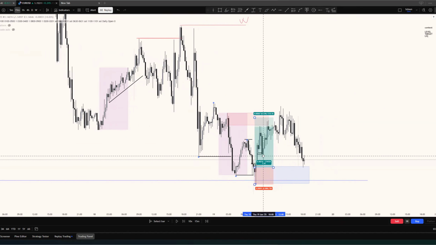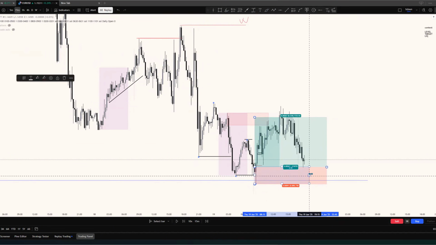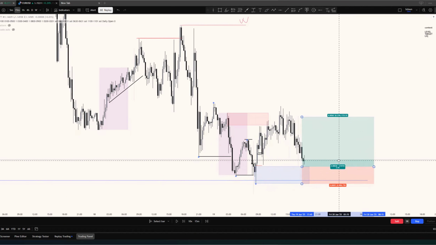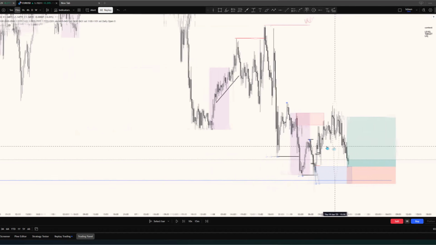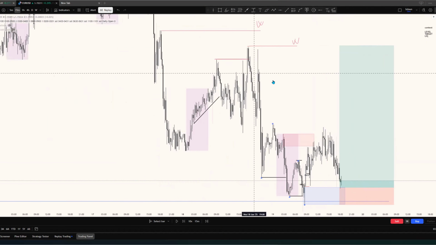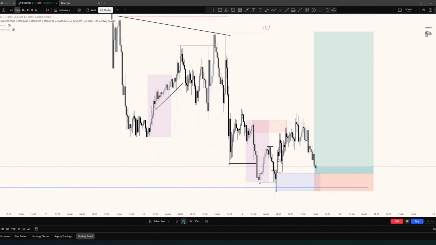So even if I got in here, I wouldn't put a break even. I would hold it. Price would tag me in. If it went to extreme, I'd probably add a bit more. But this is a perfect scenario. So price tagged us in. You can target the equal highs here. Right, relative equal highs.